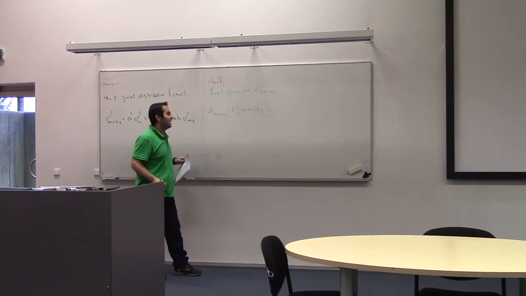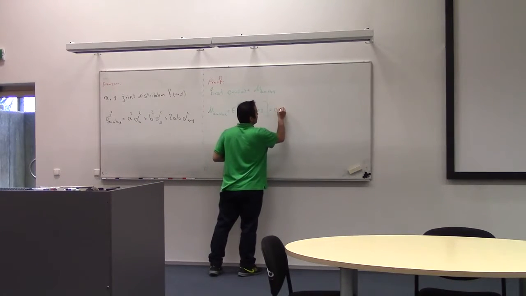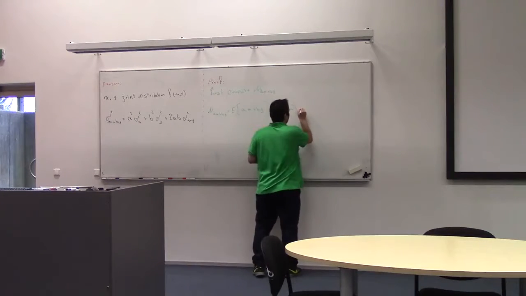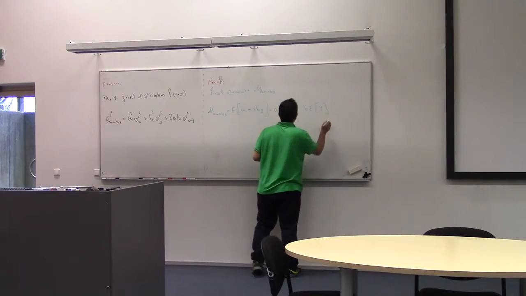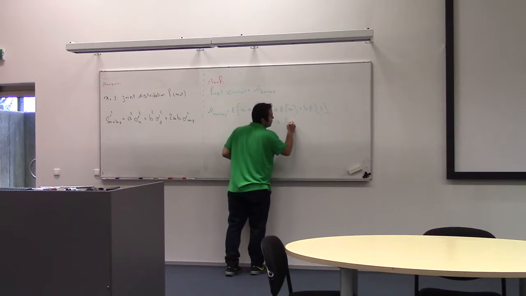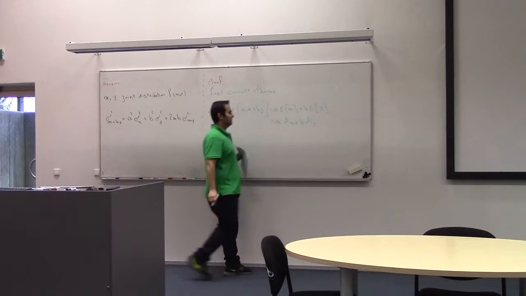We know that we can write this as a times the expected value of X plus b times the expected value of Y, or in this form, a μ_X plus b μ_Y.